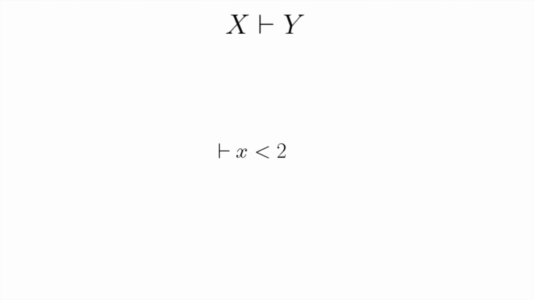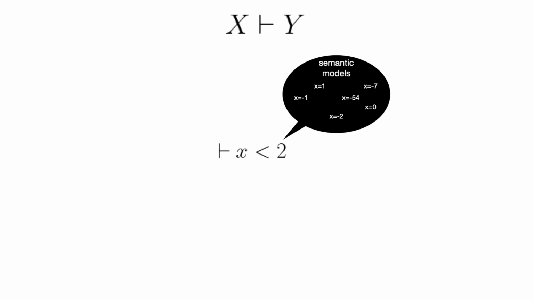And in the case of our formula, the inequality would be valid in some contexts where x is equal to 1 or x is 0, but it would be false in contexts where x is, for example, 5. Mathematicians, of course, need to have a fancy word for everything, and instead of context, they call it the semantic model.